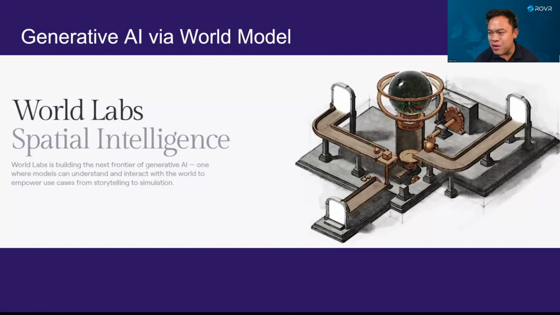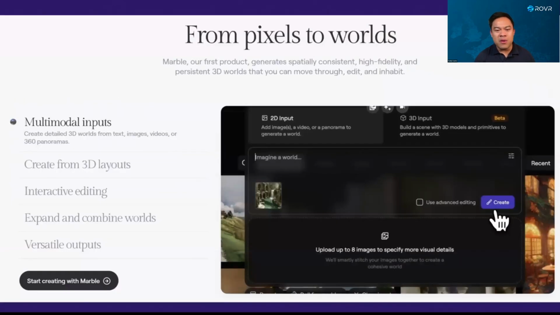And for all of you that don't know too much about it, I'll give a little bit of background before we dive into it. This is created by Fei Li, who is a head or pioneer in the world of AI, especially generative AI. The way it works is that you can upload a photo, give it a prompt, or give it a video, and that will create a 3D world map or world model for you to kind of train on.